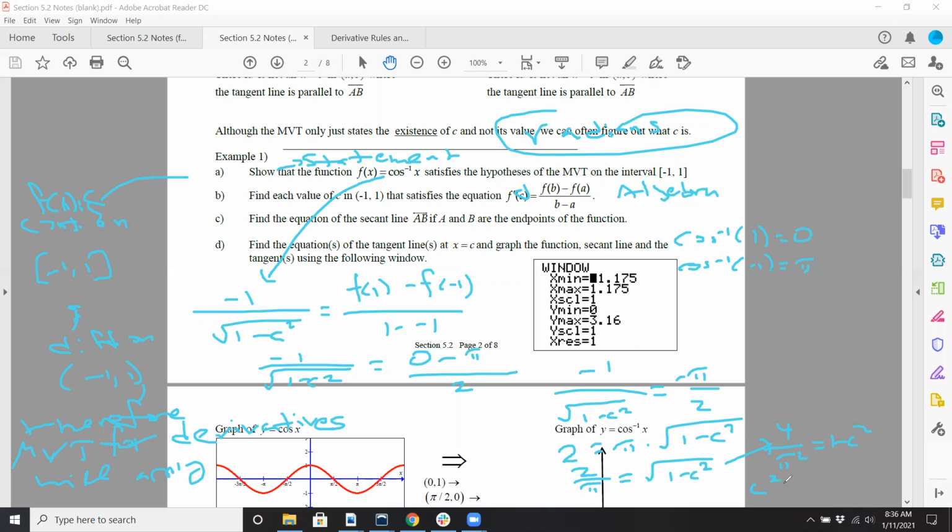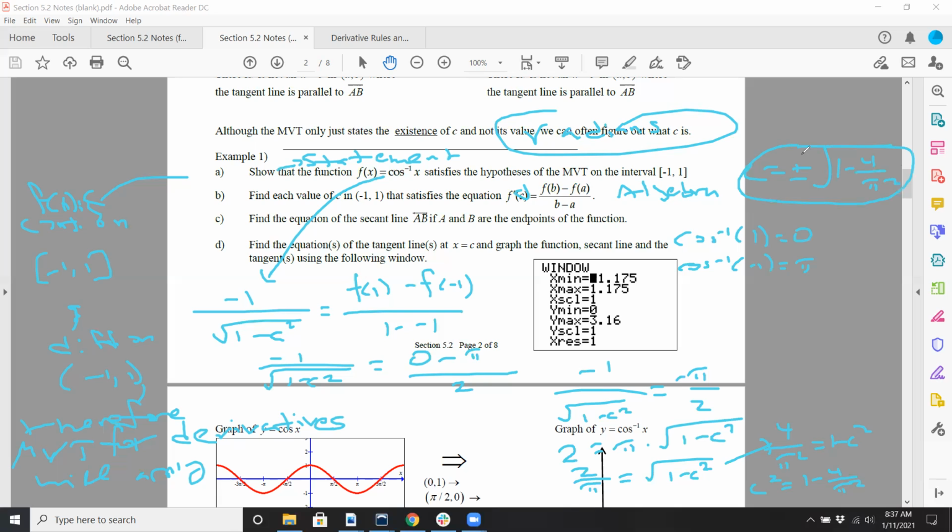Move things around, move c squared from right to left, move the 4 over pi squared from left to right. So c is going to equal the square root, it's actually plus or minus, of 1 minus 4 over pi squared. I know it's kind of nasty, but that's what we get. So those would be the values of c that would satisfy that.